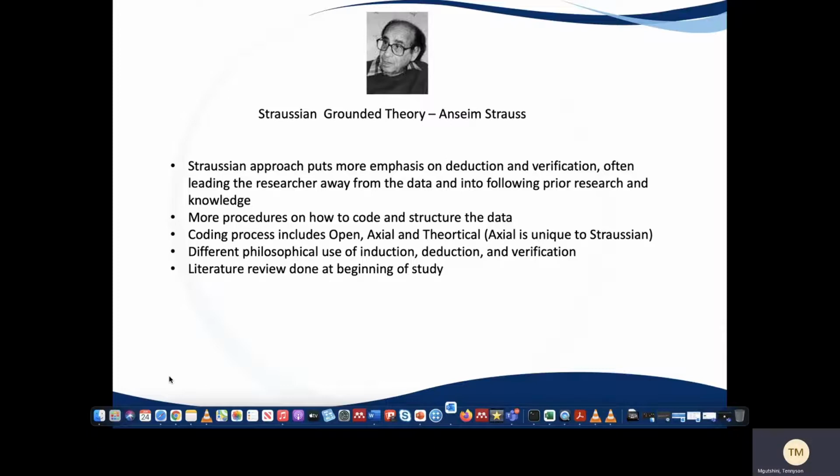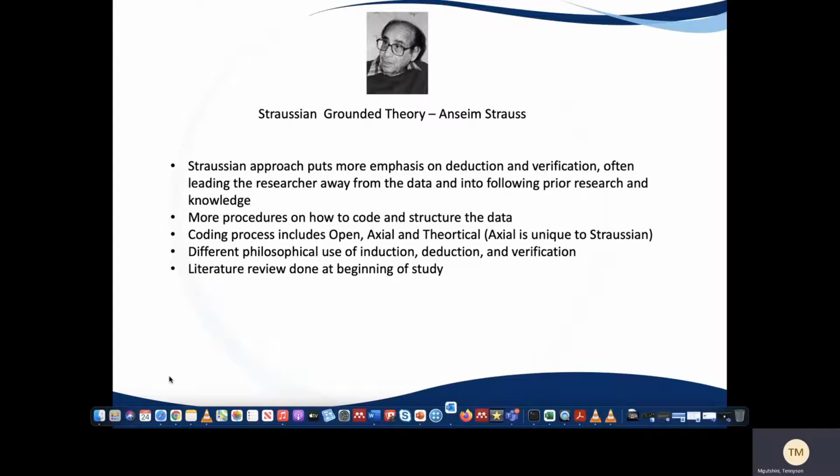And then, of course, the Straussian grounded theory is of the opposite view, that it actually looks more at using what you see to make deductions about where it's taking you. So not everything that you see can be self-generated.